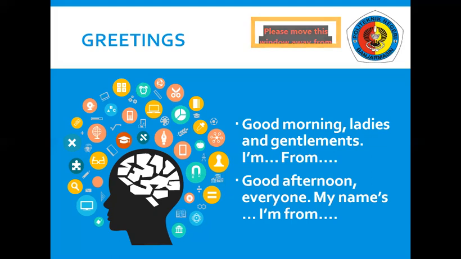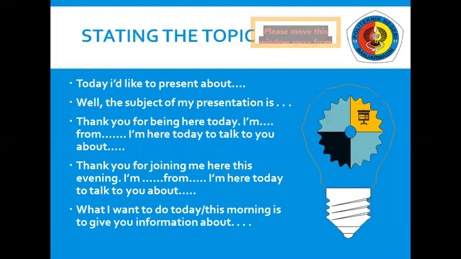Okay, now let's move on to the next part, which is to state your topic. Okay, to state your topic, I have five examples here. Okay, let me read it out for you. Today, I'd like to present about blah blah blah. Well, the subject of my presentation is blah blah blah. Thank you for being here today. I'm blah blah blah from blah blah blah. I'm here today to talk to you about blah blah blah. Thank you for joining me here this evening.